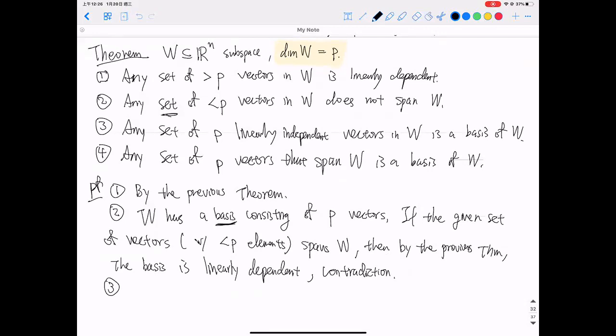How do we see that? Well, for this we really do need to fix a notation. Say U1 through UP has P elements, and suppose this set is linearly independent.